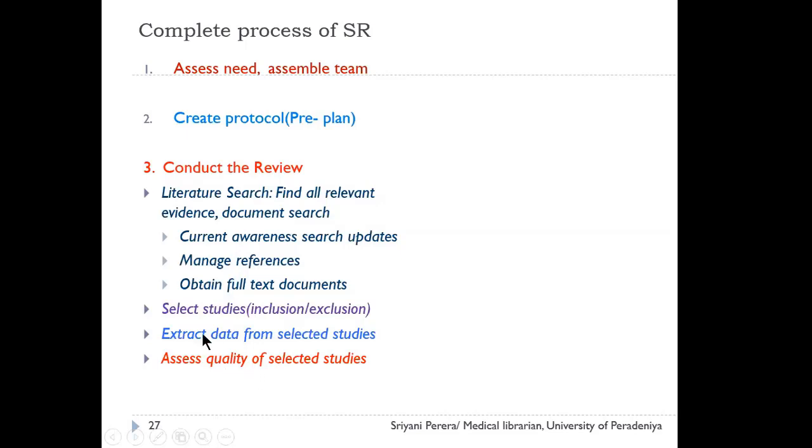So you can extract data only from the articles that remain after assessing quality. So those are the steps: select studies, extract data, assess quality, and then, after assessing the quality, you use the findings of those articles for the data synthesis.